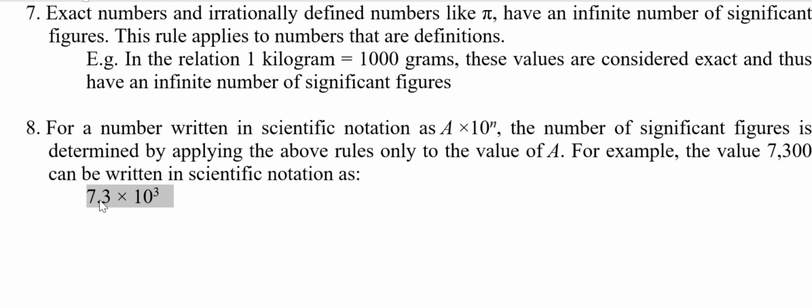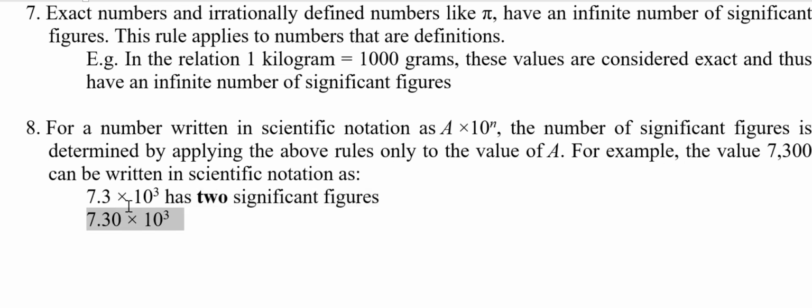So this number has 2 significant figures. We can also decide to write it as 7.30 times 10 cubed. So we have written it from here to here and then expressed it in scientific notation. So in this case, we have 1, 2, 3 significant figures.